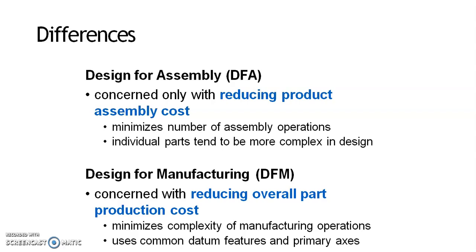Then in the next slide we discussed design for assembly and design for manufacturing. Design for assembly is concerned with reducing product assembly cost, and design for manufacturing is concerned with reducing overall part production cost.